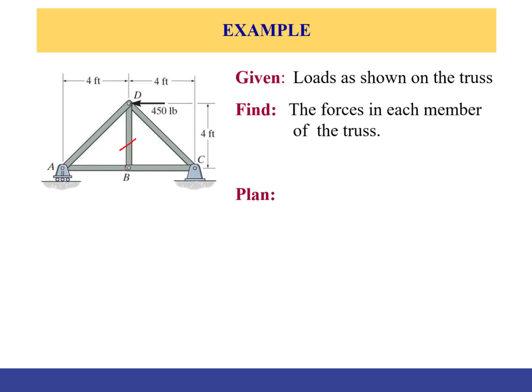So remember, DB has a zero force, so the problem is much easier than it looks, right? So I can do that. And then the next step is to assume, as we mentioned, tension in each one, and then put all the forces on D and A, and then find the unknowns. So I'm not going to go over that on paper. I'm just going to show you these steps, and you can try it at home.